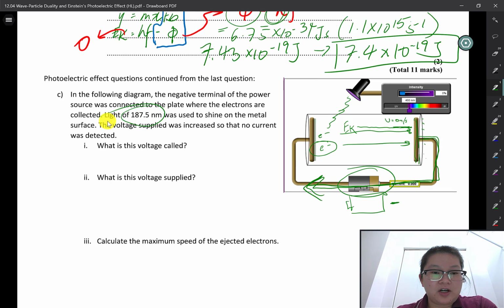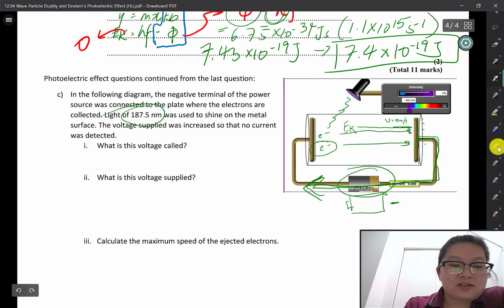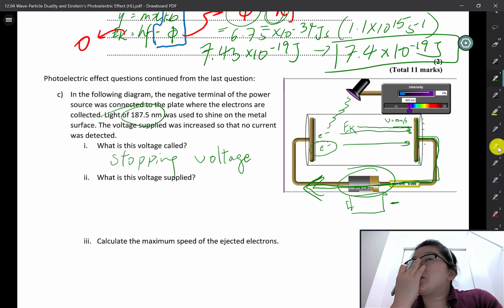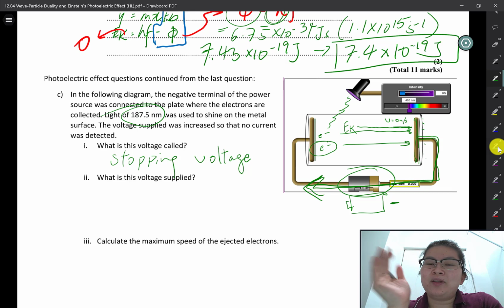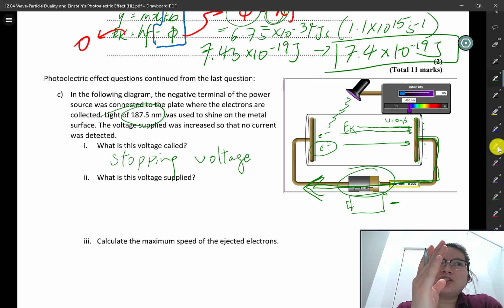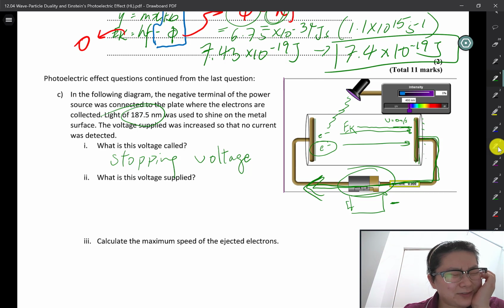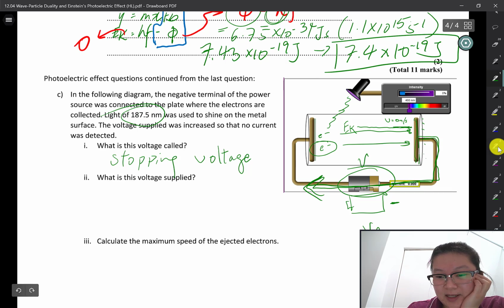So, what is this voltage called? This voltage is called, as I said earlier, the stopping voltage. This stopping voltage provides the potential difference required for an electron to just not make it to the other side of the plate. So the potential difference applied across this plate times the electric charge is going to be equivalent to the kinetic energy of these electrons ejected.